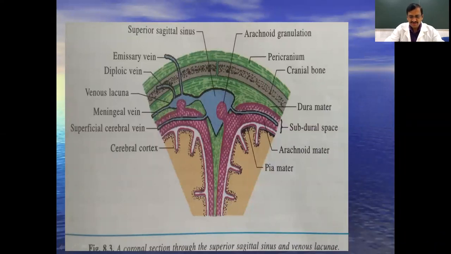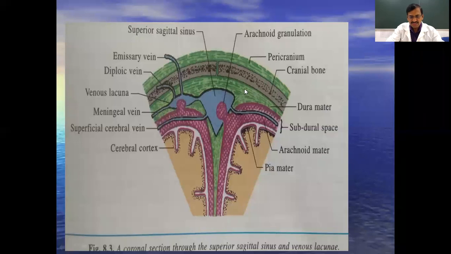Here you see the diagram. This is the superior sagittal sinus. This is the cranium, that is the bones of the cranium, and this is the pericranium, and this is the endocranium. And here this is the dura.